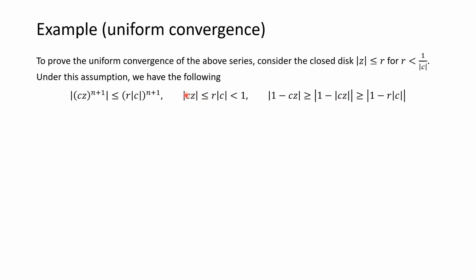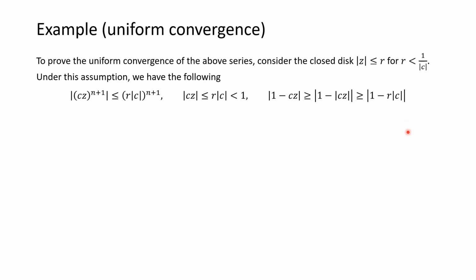And we've shown that this modulus is less than 1, and it's also less than r modulus of c. So we can replace this by this, and this will be bigger because this is a smaller number that we're subtracting from 1 than this number here.